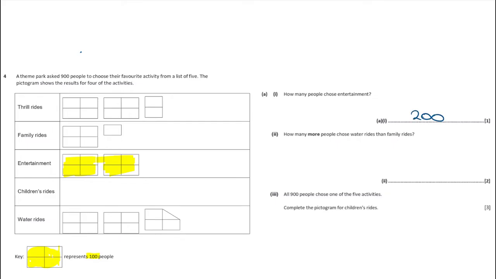Part 2 says, how many more people chose the water rides than the family rides? Well, the water rides has got 2 whole grids, and then it's got this other weird one here. This grid is divided up into 4. So if each grid is worth 100, then one of the cells within that grid is going to be 25.